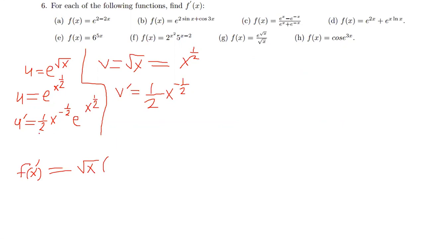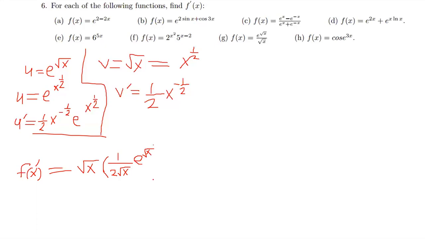U prime can also be written as 1 over 2 root x multiplied by e to the power x. I've just replaced the x to the power half with the square root of x.